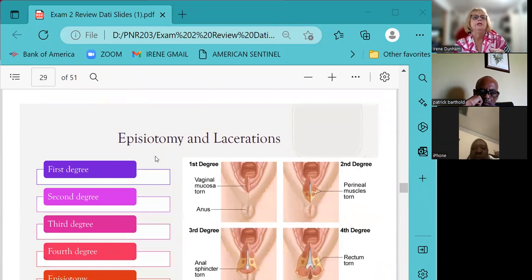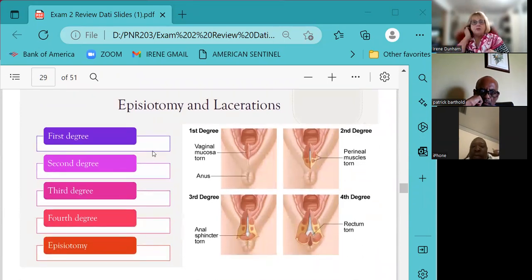Okay. So here's your episiotomy and lacerations. So, first degree, second degree, third degree, fourth degree. Now, the third and fourth degree are pretty invasive. I mean, look at here. You're going through the vaginal mucosa, the perineal muscles, and now you're going into the anal sphincter. That's a good cut. She better have a pudendal. Okay, remember that pudendal anesthesia?